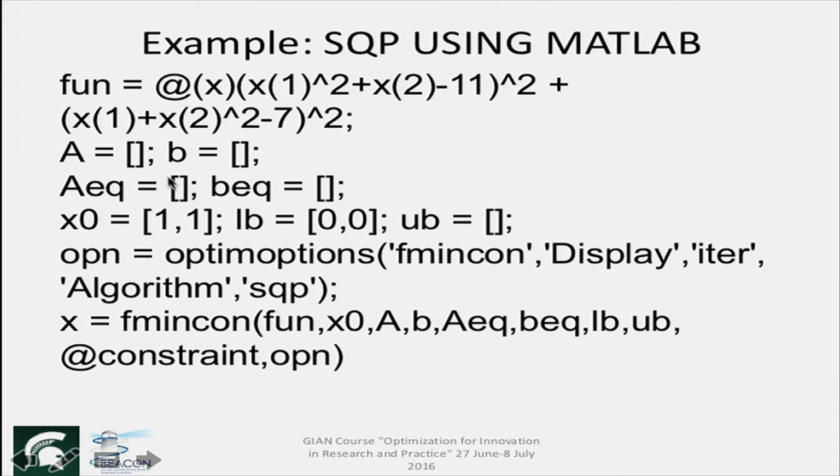A is nothing. If you want to give a null vector, you just put two square brackets next to each other. So A is null, b is null, Aeq is null, beq is null, lb is 0 0, upper bound is null. The constraint function is also null. Okay, I haven't shown you the constraint function yet, I have to show you how the constraint function looks before I do that. And at the end you put the options, because this tells you what you want to do.